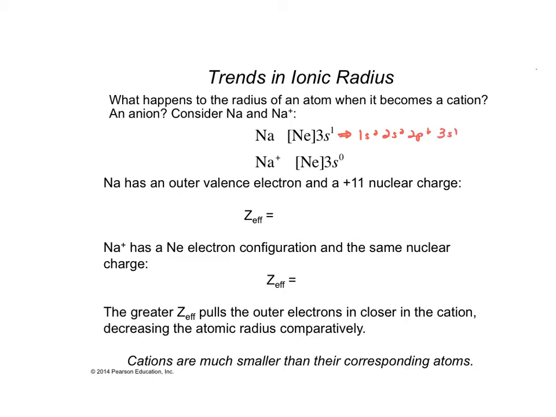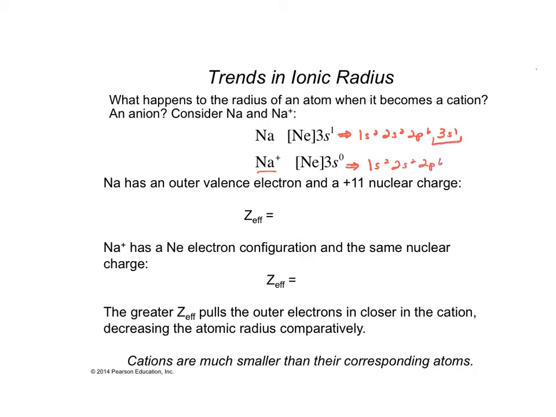Okay, now if we form the sodium 1+ cation, we're going to remove an electron. Again, it's going to come from whoever we put in last. So the new electron configuration for the 1+ cation of sodium is just the electron configuration of neon. So 1s2, 2s2, 2p6.